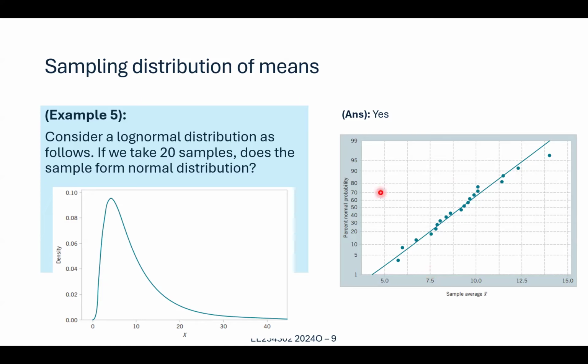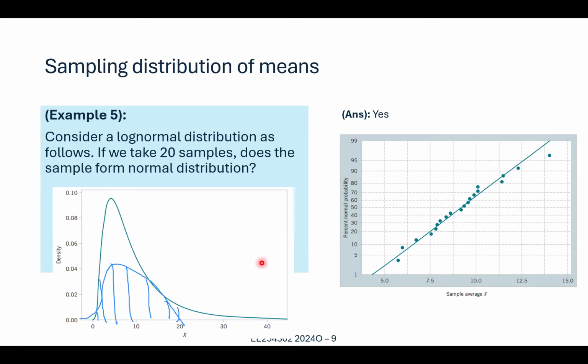So if you have this population and you take a sample, it would be something like this. It's closer to the normal distribution compared to the log normal one that we have in the population.